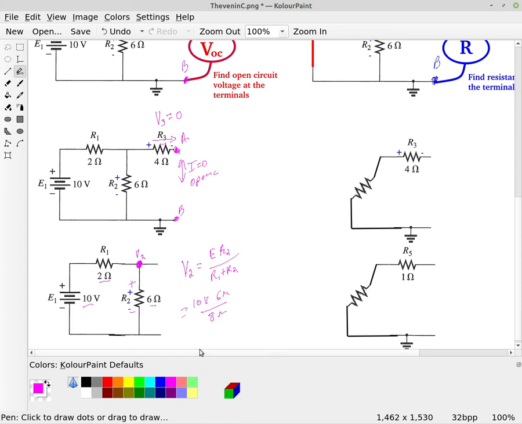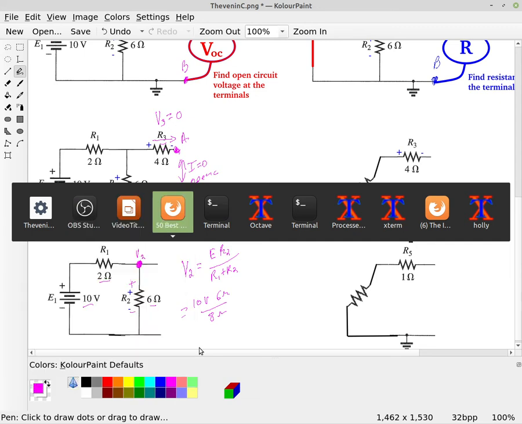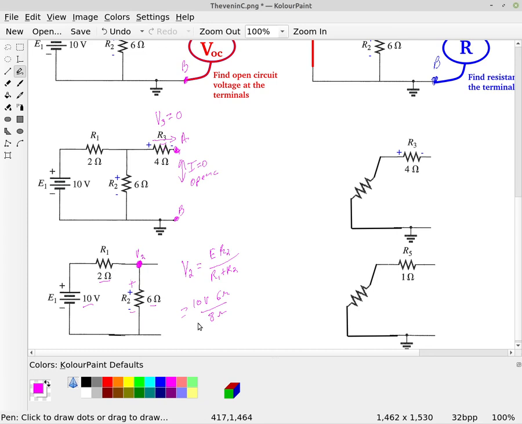If we pop over to our calculator, 60 divided by 8, we get 7.5 volts. So V Thevenin is the open circuit voltage, which is 7.50 volts.